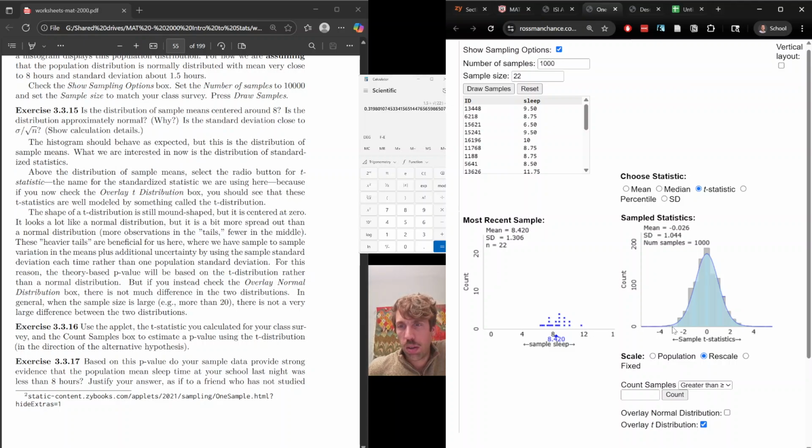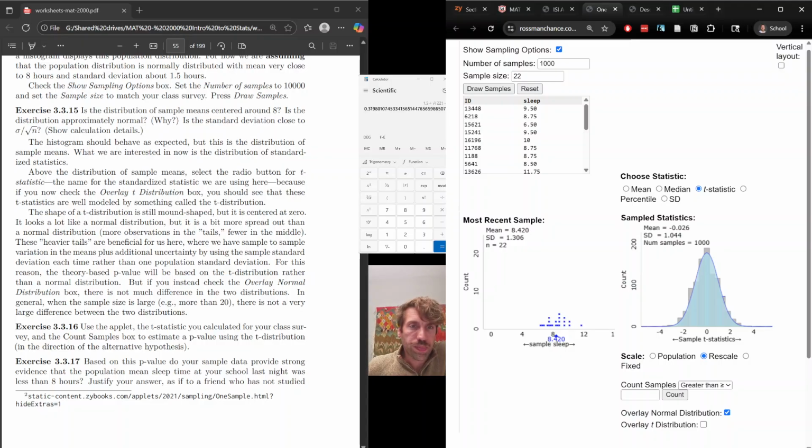Look how the T distribution is the perfect mathematical thing, and the histogram is my simulated data, and it's pretty close. But if we instead check the overlay normal distribution, there's not much difference in the two distributions. If I overlay the normal distribution, notice it's a slight change, but hardly anything, because once you get to about 22, they become very, very close.